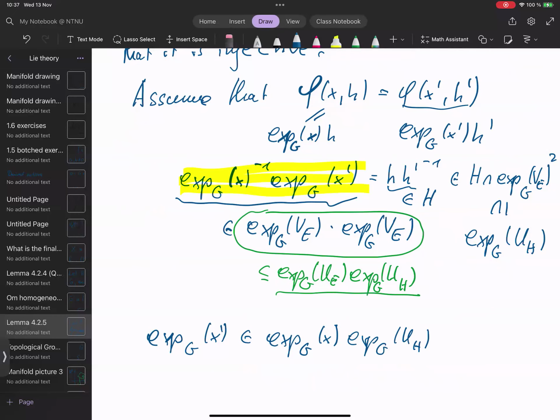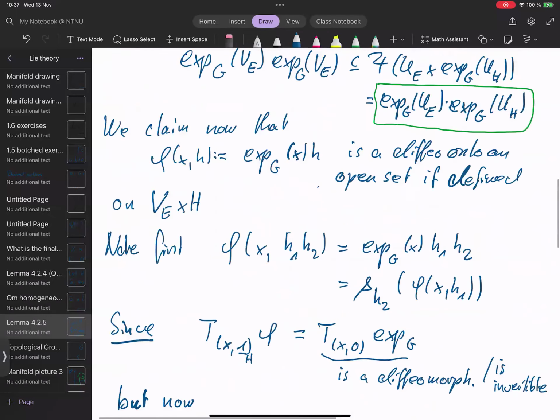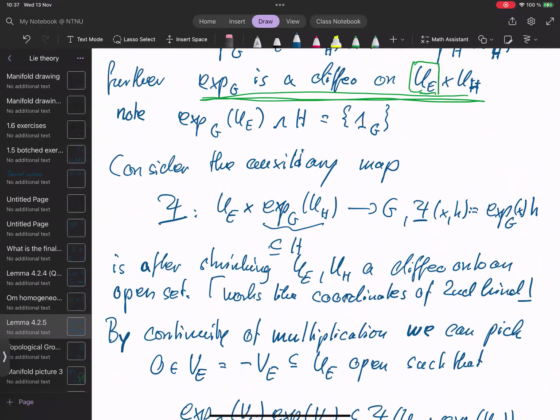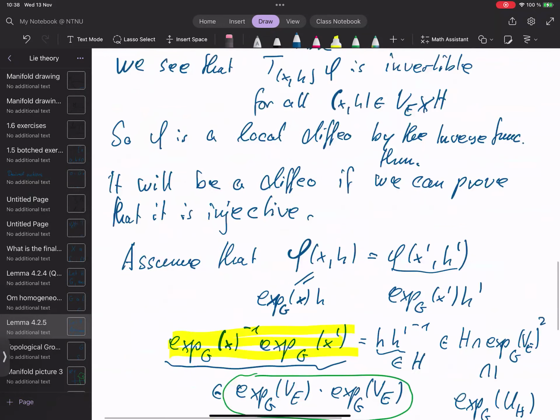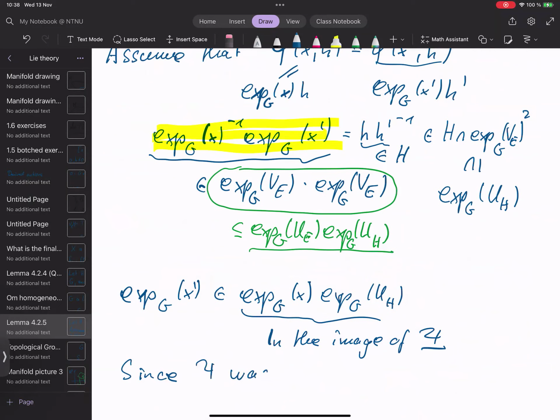But looking at the whole thing, where we build our auxiliary map, this is exactly in the image of our auxiliary map psi, since psi was injective.